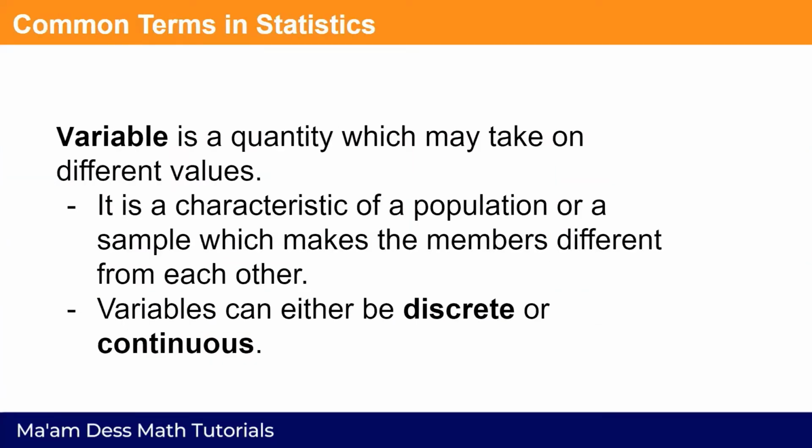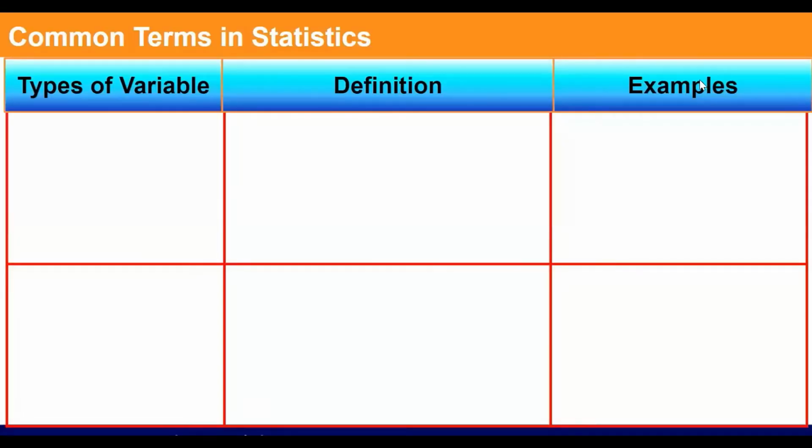Now, let us have the next one. Variable. A variable is a quantity which may take on different values. It is a characteristic of a population or sample which makes the members different from each other. Variables can either be discrete or continuous. Types of variable.